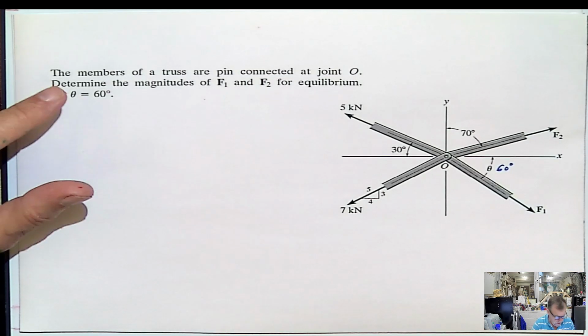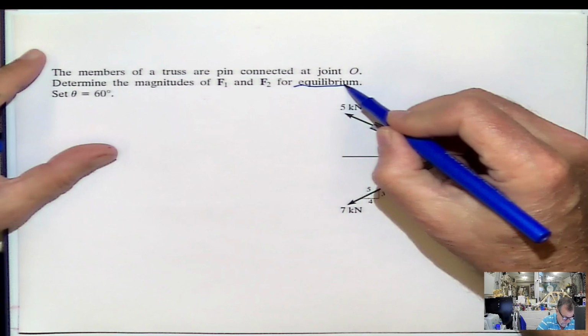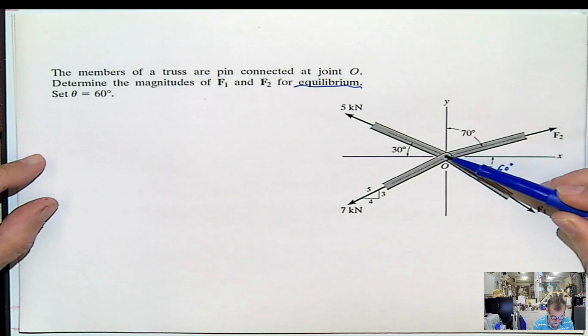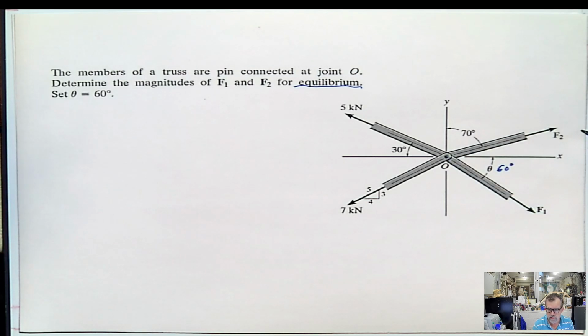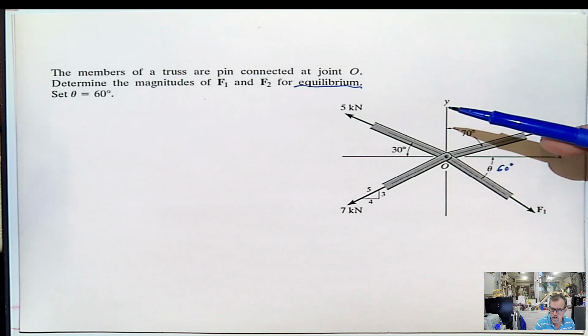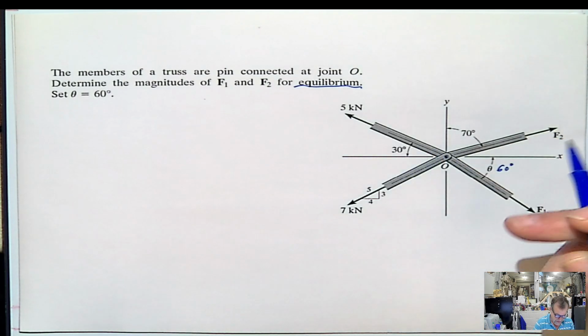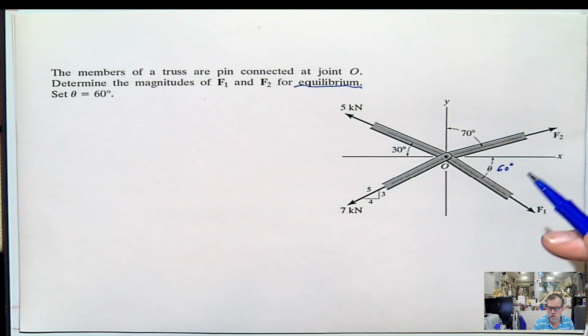So the keyword here is equilibrium. And we are also at a point, meaning a particle. If you want to hold a particle in place, you need two non-collinear forces holding that particle.